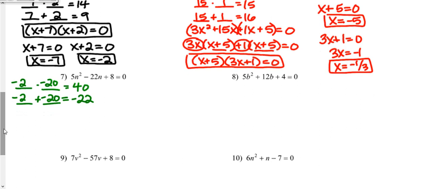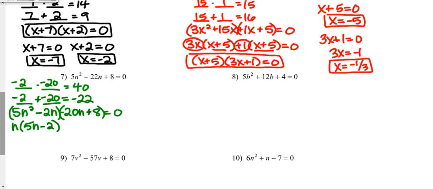So now, since I can't use the shortcut, I have to rewrite my quadratic. So 5n squared minus 2n minus 20n plus 8 equals 0. And we're going to group. So that would be an n. All I can take out from both those is an n, leaving me with 5n minus 2.